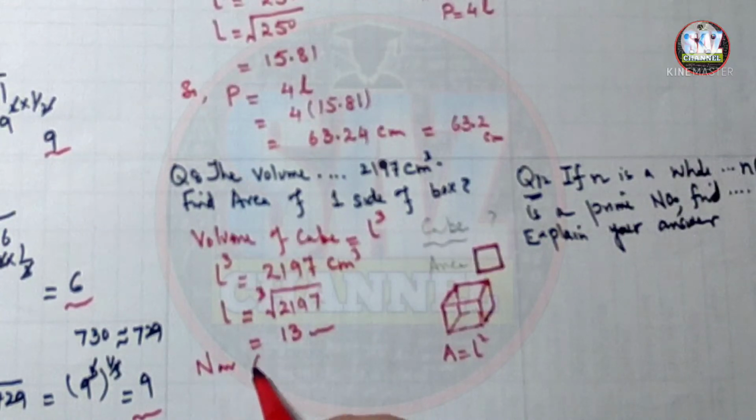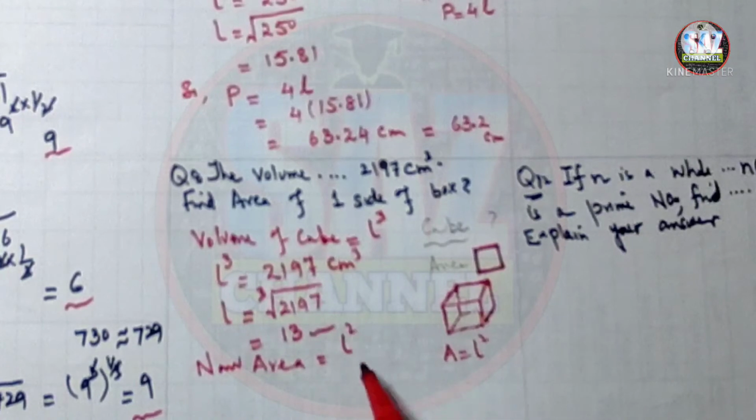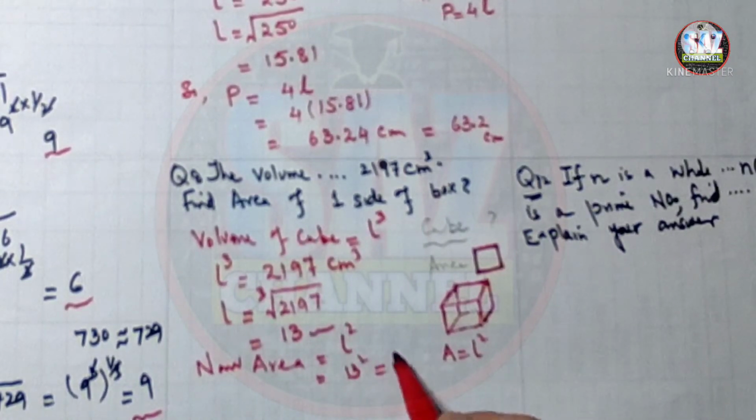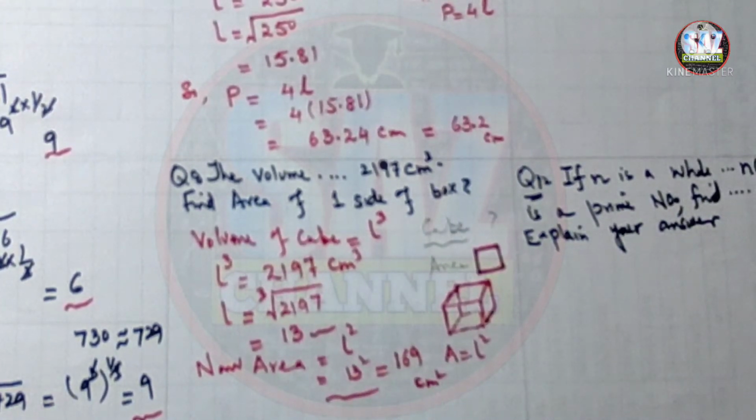Now area will be equal to L square, which is equal to 13 square, which is equal to 169 centimeters square. I hope you are clear about this. And let me confirm the data as well. 2197, yes, 2197.